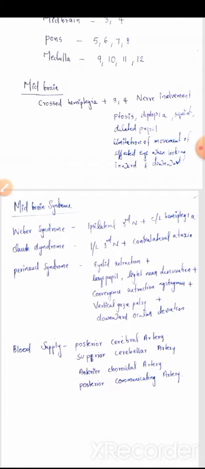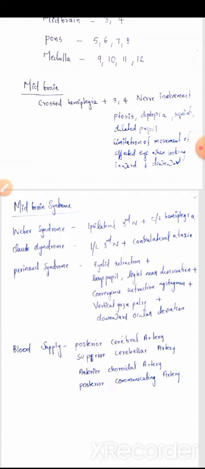Third and fourth nerve involvement gives ptosis, diplopia, squint, dilated pupil, then limitation of movement of the affected eye when looking inward and downward. So these are the symptoms we will get if there is any third and fourth nerve involvement.